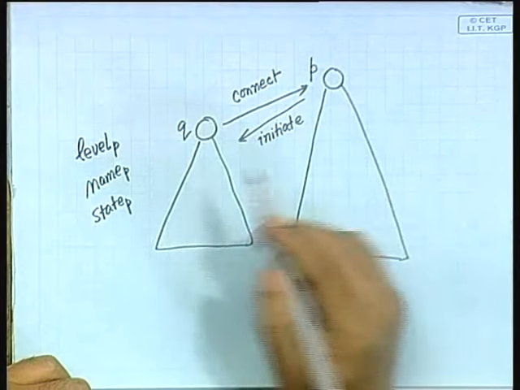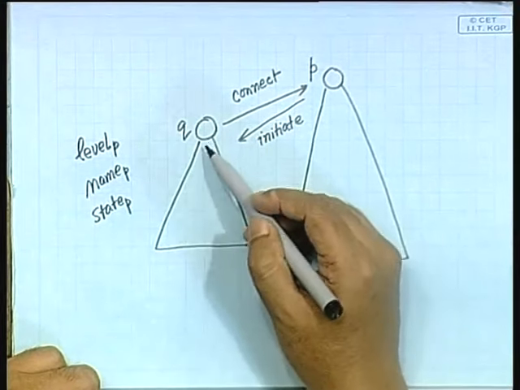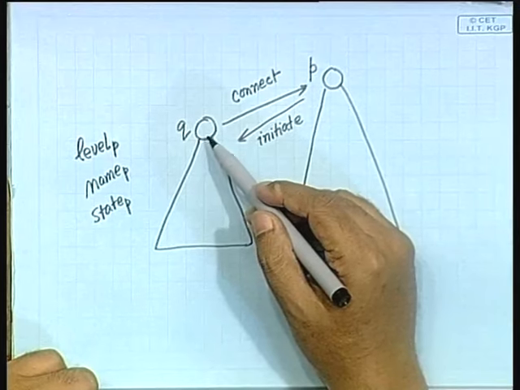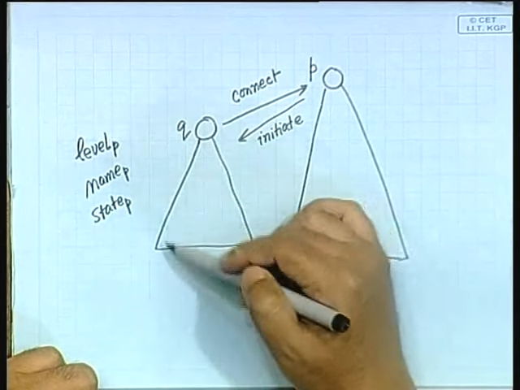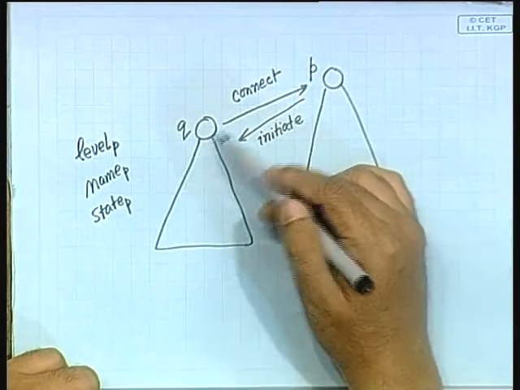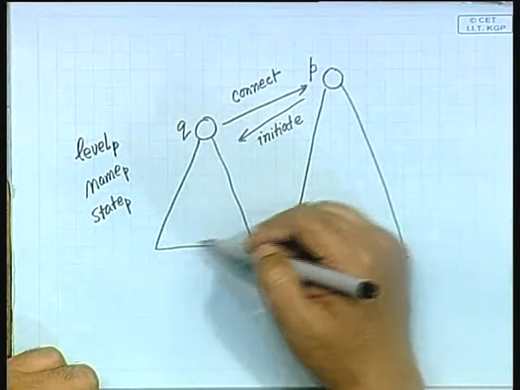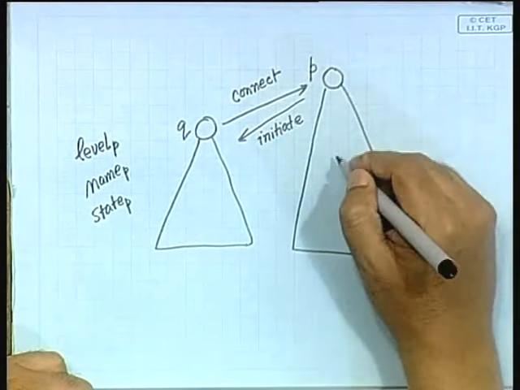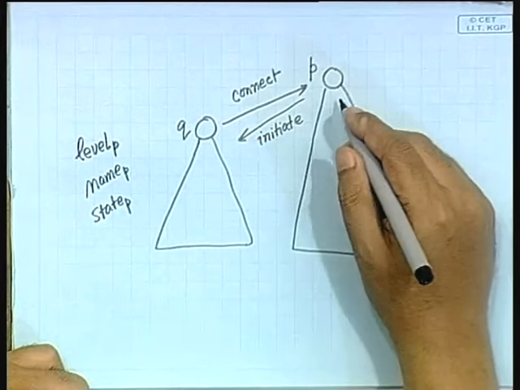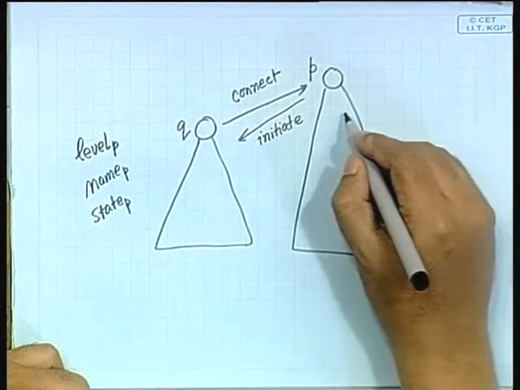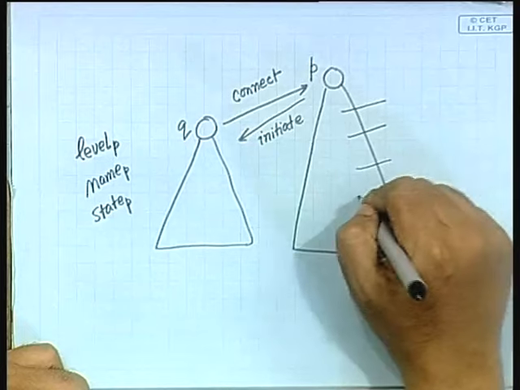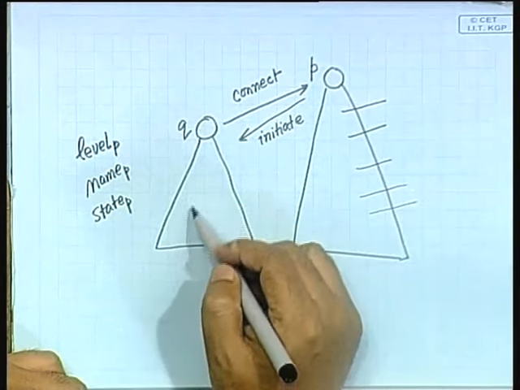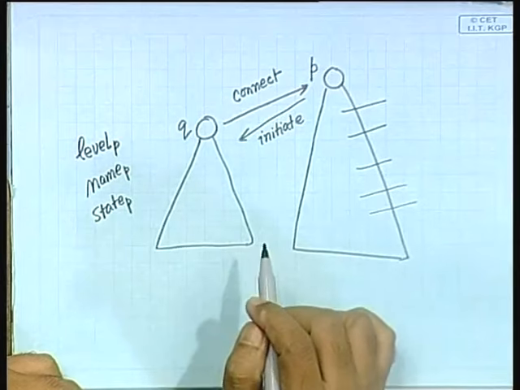Okay. What are we going to do with level P? We will propagate that to this tree. Everyone will inherit level P as the level, name P as the name, and state P as the state. So, if this fragment at that point of time was engaged in searching for a minimum weight outgoing edge, then these nodes will also join in that search.